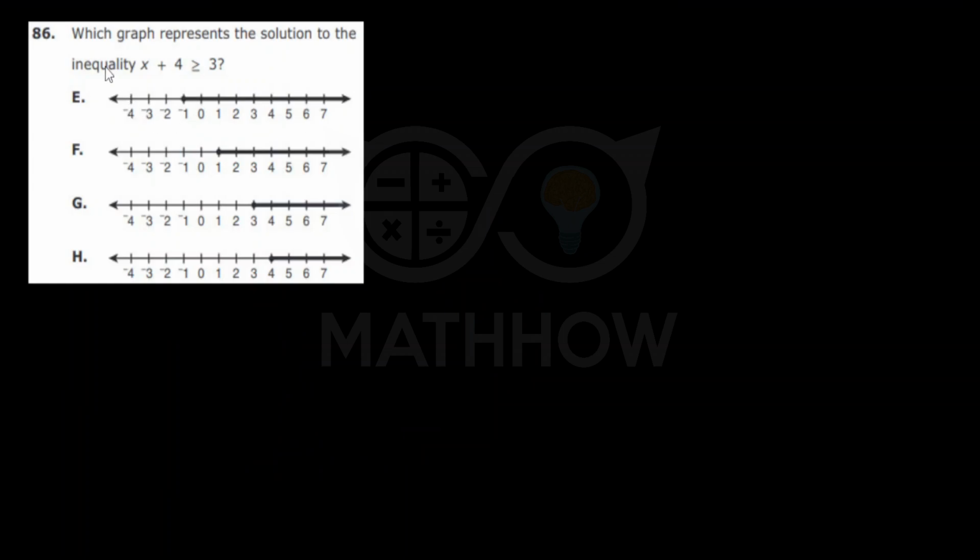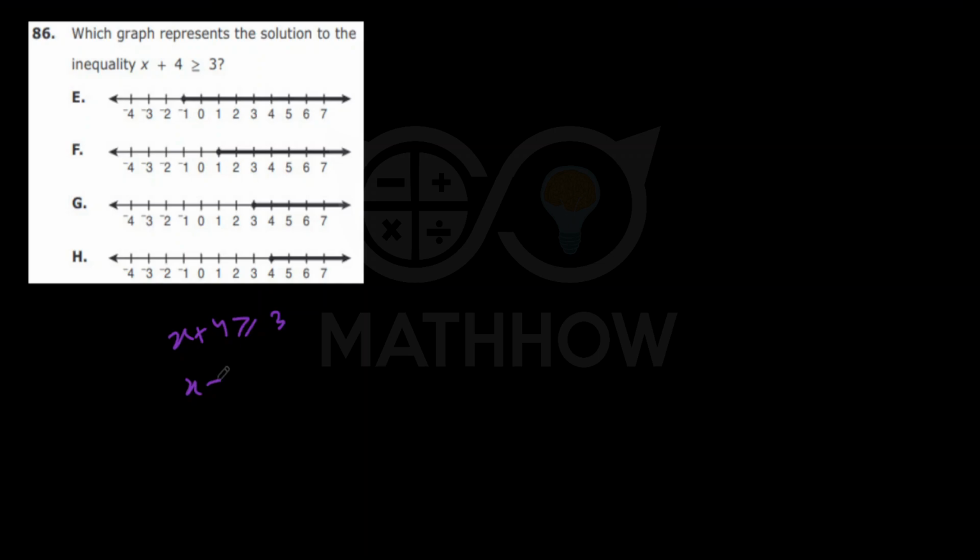Question number 86. Which graph represents the solution to the inequality x plus 4 greater or equal to 3? To check which graph represents the solution, first solve this inequality completely. X plus 4 greater or equal to 3.